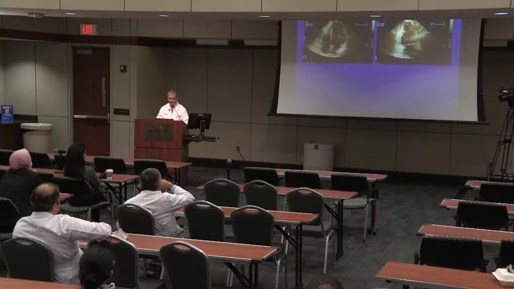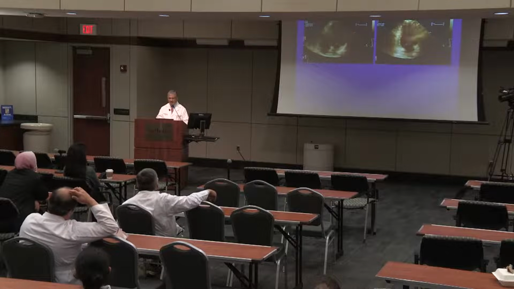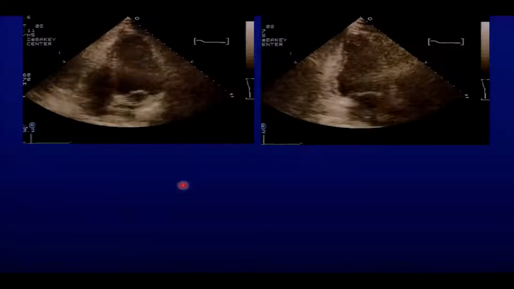Basal inferior wall is akinetic. I got it, right there. Okay. Anything else? Apex is akinetic. Maybe. Are you sure? 100%? Four chamber? Yeah. Conceivably. All right.